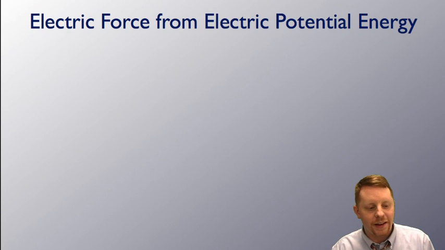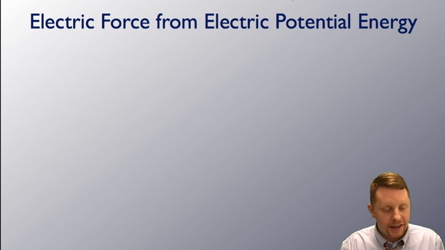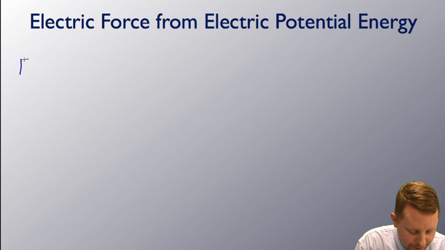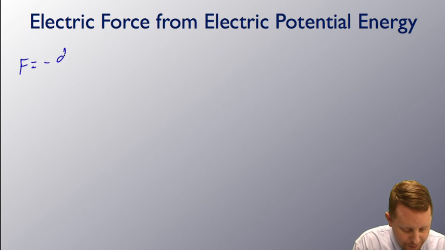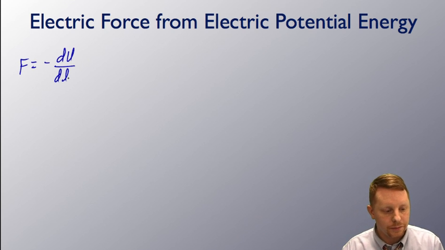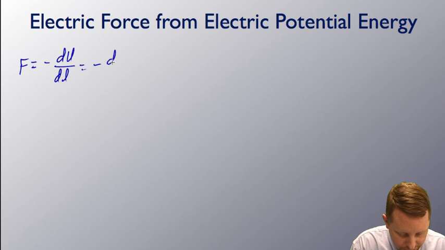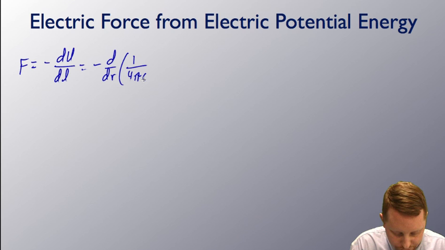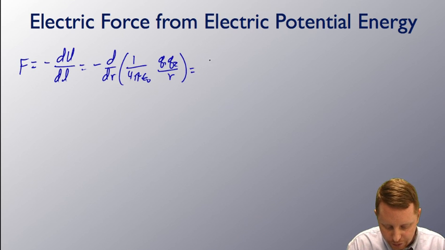All right, let's see if we can find the electric force from electric potential energy. If you recall from mechanics, we could find that the force is equal to the opposite of the derivative of the potential energy with respect to L, assuming we have a conservative force, and in this case we do. So that's going to be minus the derivative with respect to R of 1 over 4 pi epsilon 0 Q1 Q2 over R. 1 over 4 pi epsilon naught, Q1, Q2 are all constants.